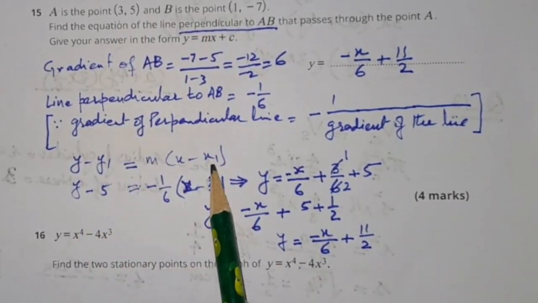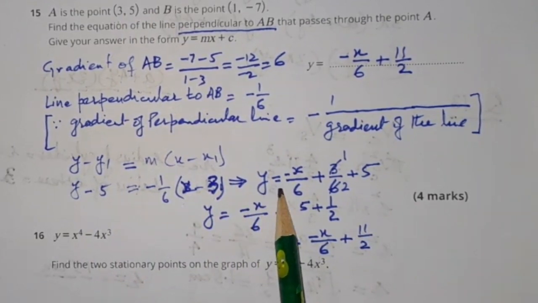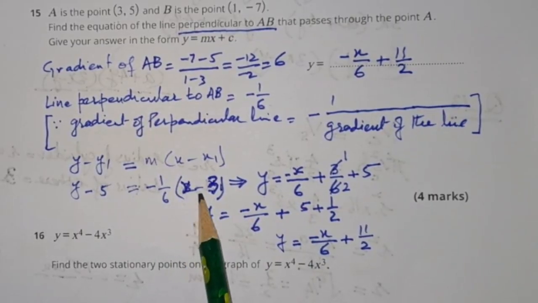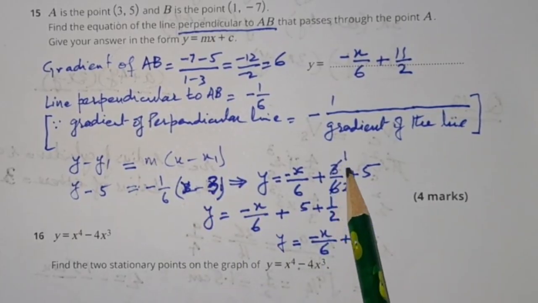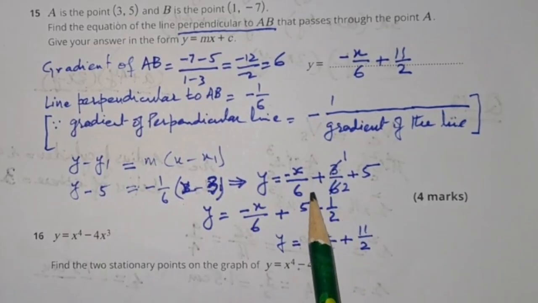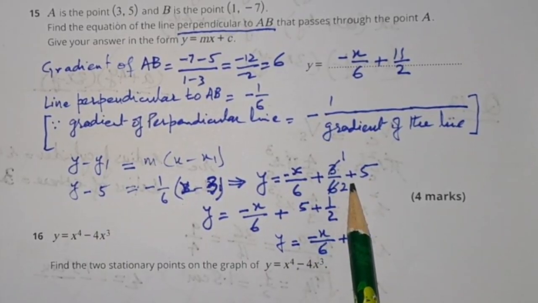So we solve it. So y is equal to minus x over 6, opening up the bracket, plus minus into minus, plus 3 over 6 cancelled, 3 1s are 3, 3 2s are 6, and minus 5 is taken on the other side, so it becomes plus 5. I have done it in one step.